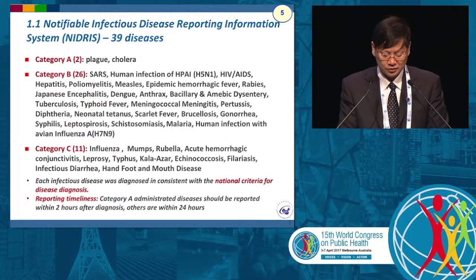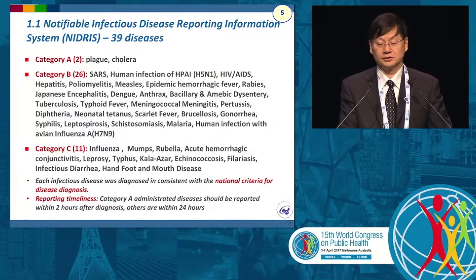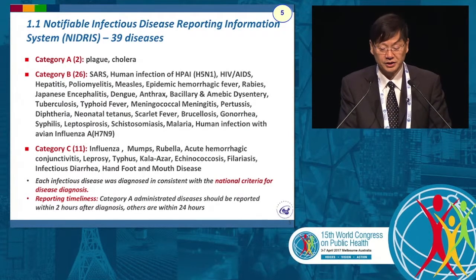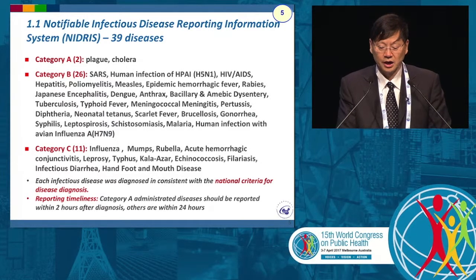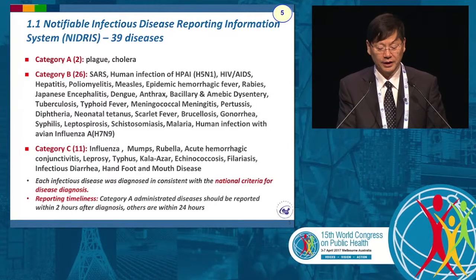And there are category C, 11 diseases: influenza, mumps, rubella, acute hemorrhagic conjunctivitis, and so on.